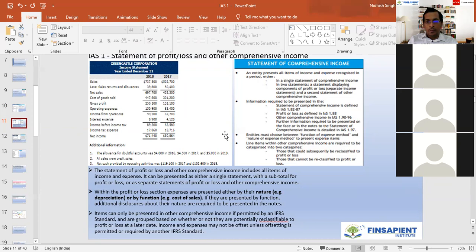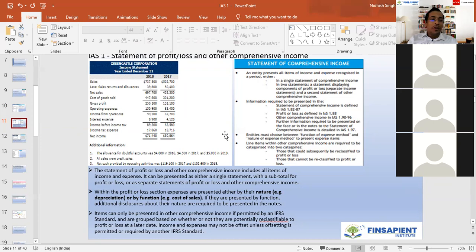So Nitish, just one thing to clarify, it is always preferred to show the expenses by their nature. That's what you said, right? Yes. You will have less effort if you show in nature, because then you don't have to provide further details in the disclosure notes.